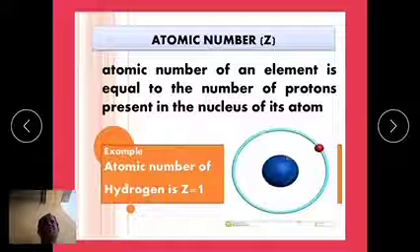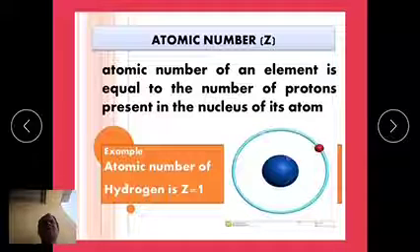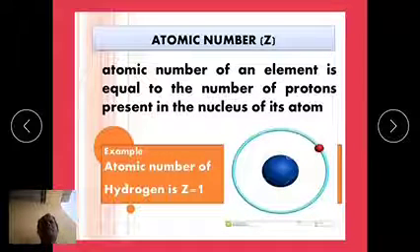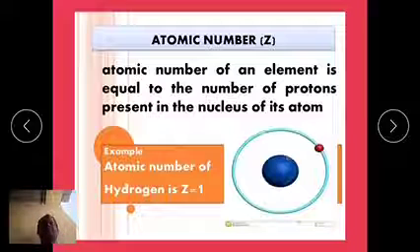That is also equal to the number of electrons present in the neutral atom of an element, or equal to the positive charge of the nucleus of an atom, or equal to the serial number of the element in the periodic table.